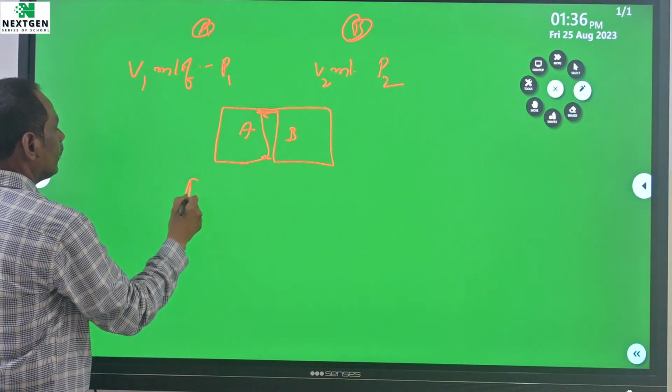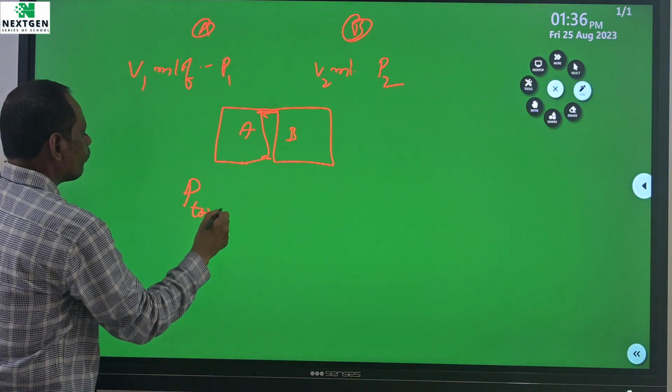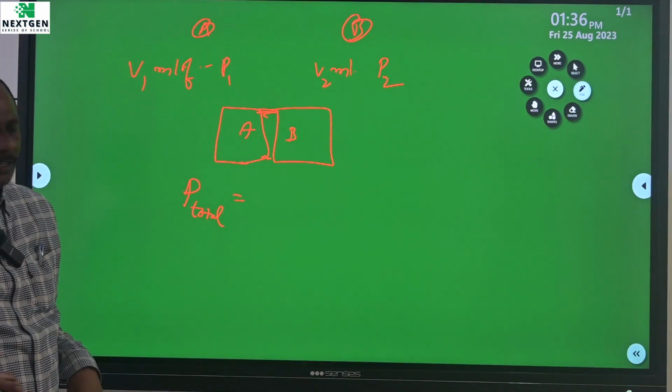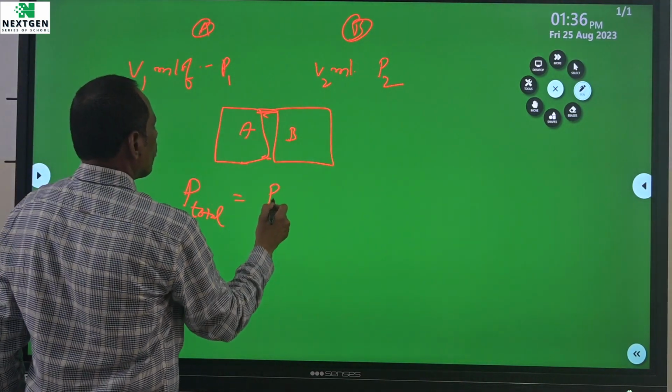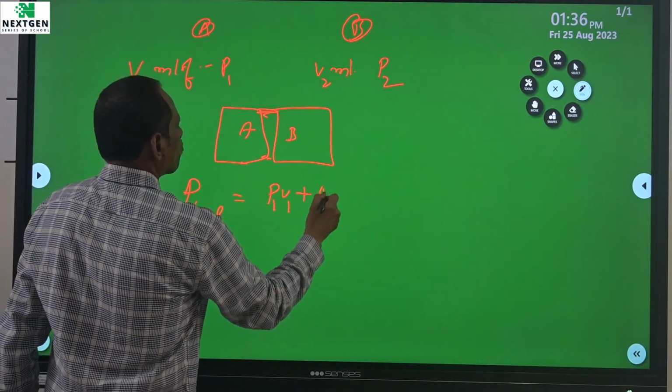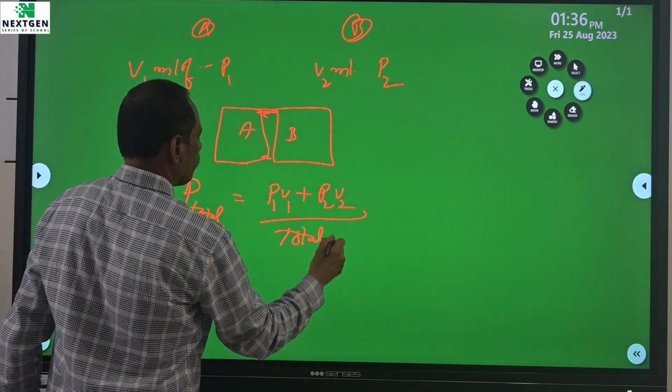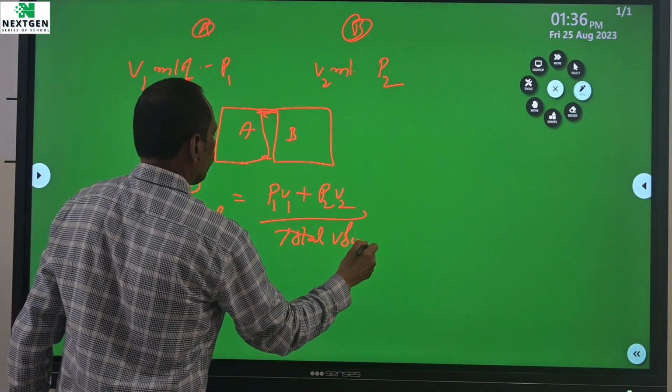Then the resultant pressure of the gas mixture is P1 V1 plus P2 V2 by the total volume of the gas mixture. It is the formula.